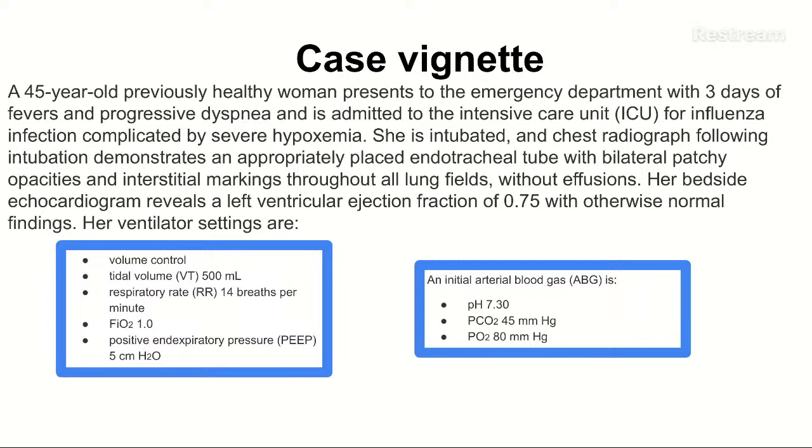This is a case vignette of a 45-year-old previously healthy woman who presents to emergency with 3 days of fever and progressive dyspnea and is admitted to ICU for influenza complicated by severe hypoxemia. She is intubated and the chest radiograph following intubation demonstrates an appropriately placed endotracheal tube with bilateral patchy opacities and interstitial markings throughout lung fields without effusions.